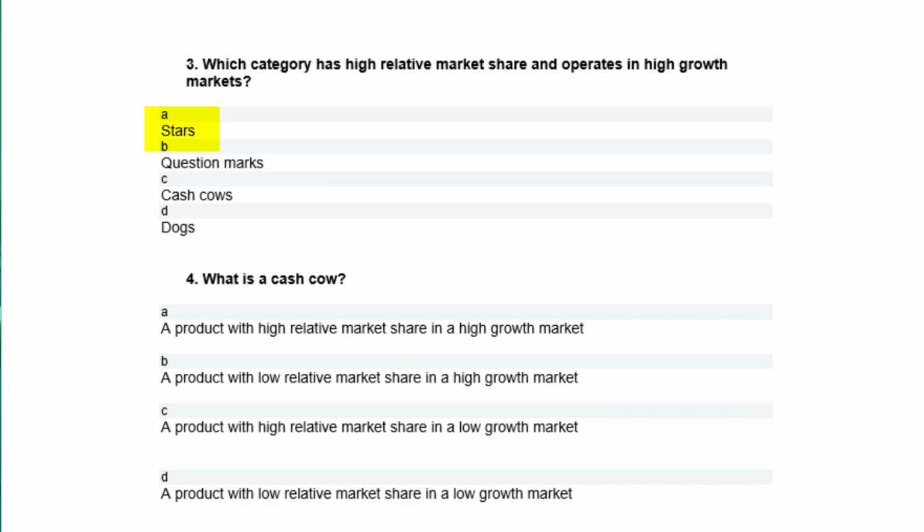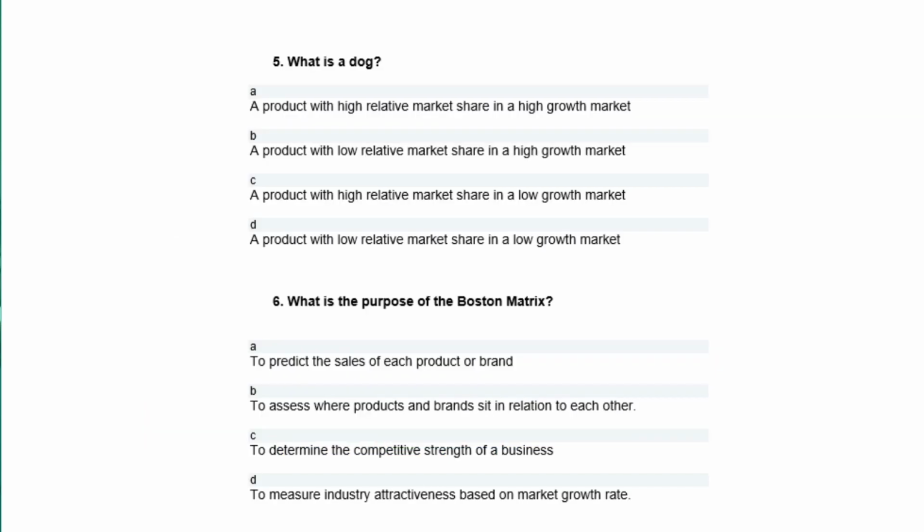What is a cash cow? A product with high relative market share in a high growth market, low relative market share in a high growth market, high relative market share in a low growth market, low relative market share in a low growth market. And the answer here is C. It's got high relative market share in a low growth market.